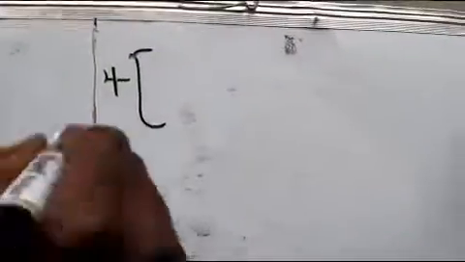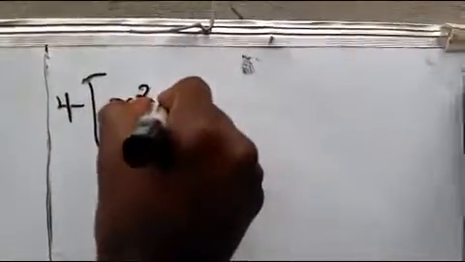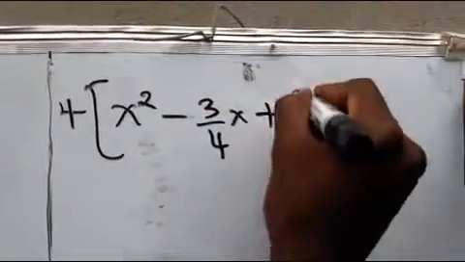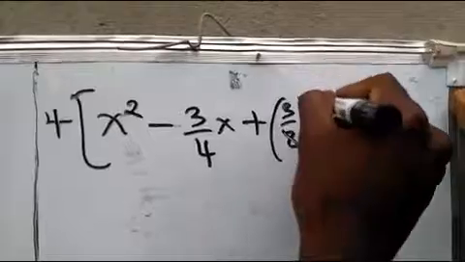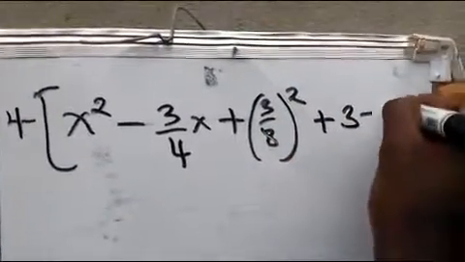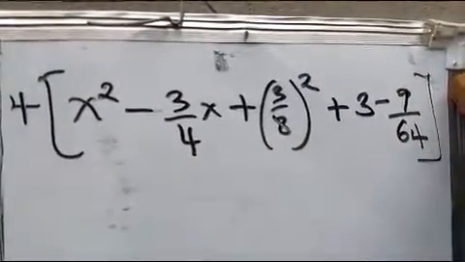So we are going to simplify our expression. We have 4 into (x squared minus 3 on 4x plus (3 on 8) squared, plus 3 minus 9 on 64). Close.